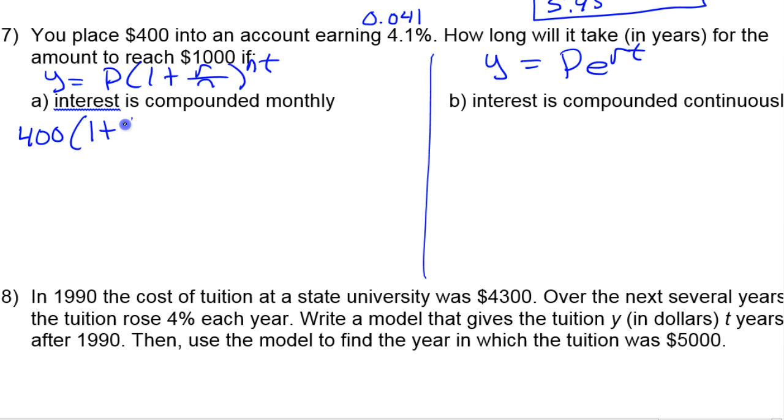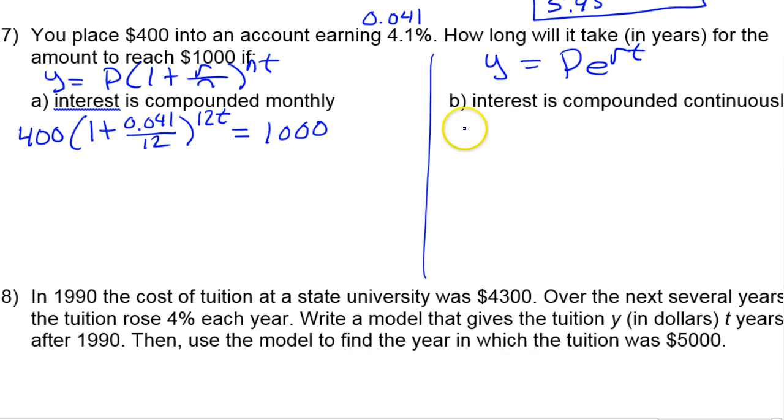So I'm going to have 0.041 over 12, because of monthly, and then 12t. Now what am I going to set that equal to? 1,000, because it said how long until it reaches 1,000. That's the amount that we're going to have eventually. So that's the setup of the equation that you need to solve. Any questions on that setup?